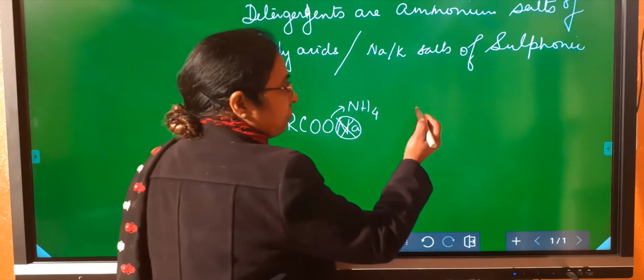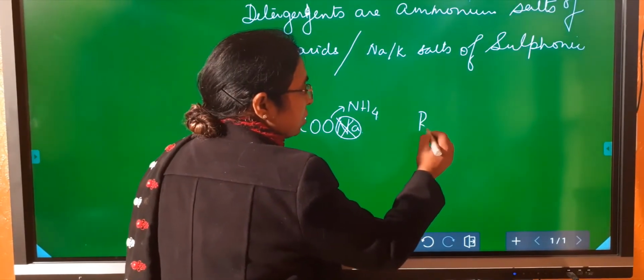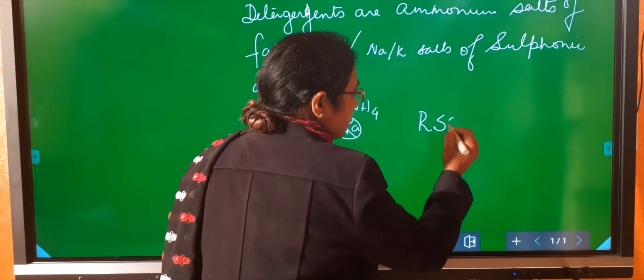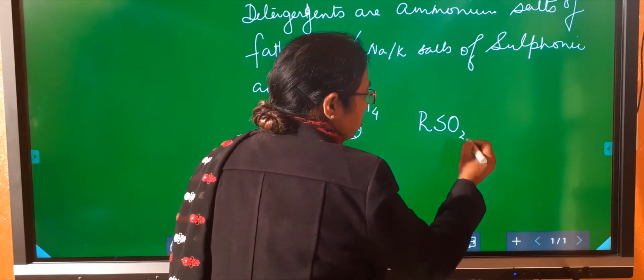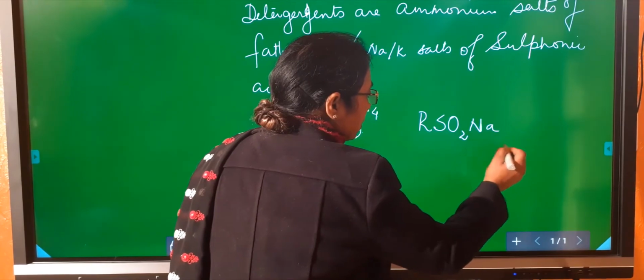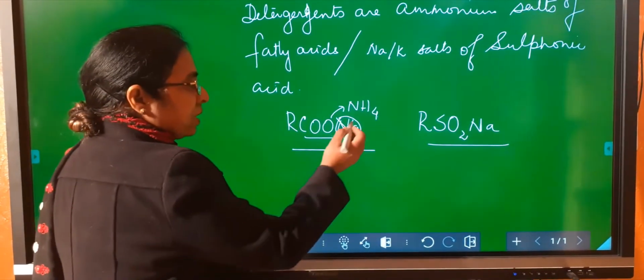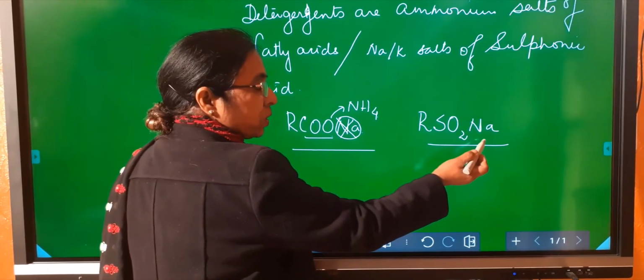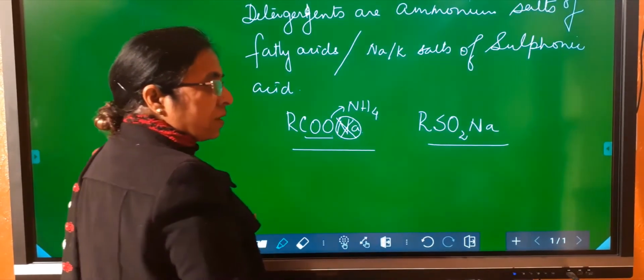The other form is where, instead of the carboxylic acid, I have a sulfonic acid, SO2Na. Either it will be an ammonium salt of carboxylic acid, or a sodium or potassium salt of sulfonic acid.